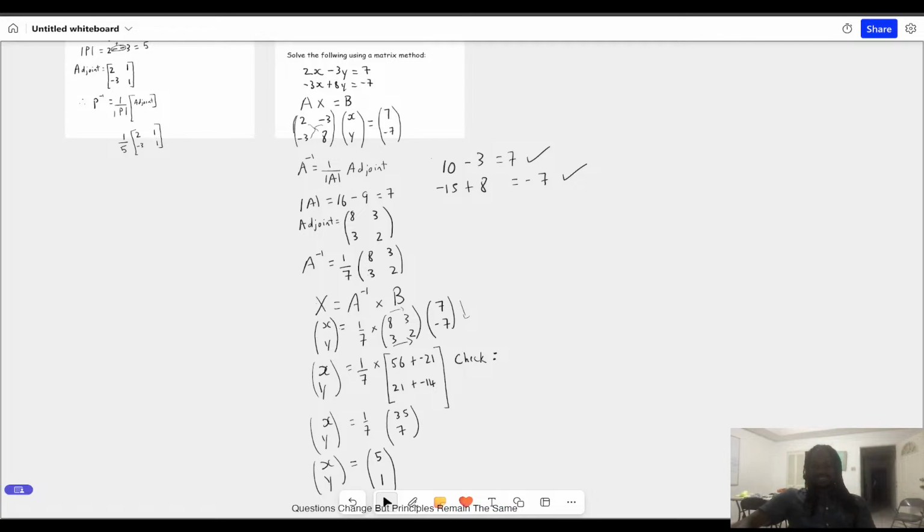Once you have practiced enough, then you will be able to remember what you're supposed to do. After I have checked, I realize both answers are exactly the same, so I can now write my final statement. So therefore, x equals 5 and y equals 1.